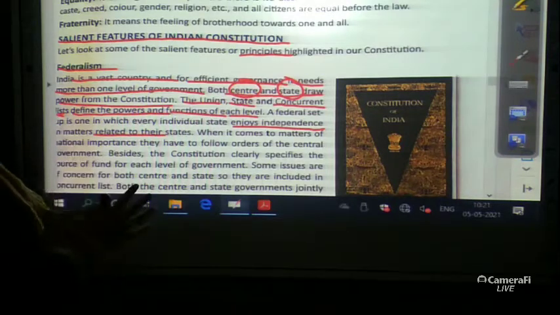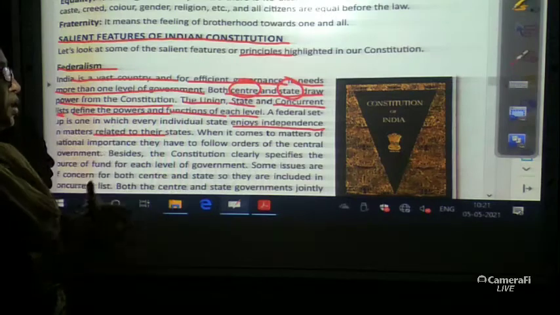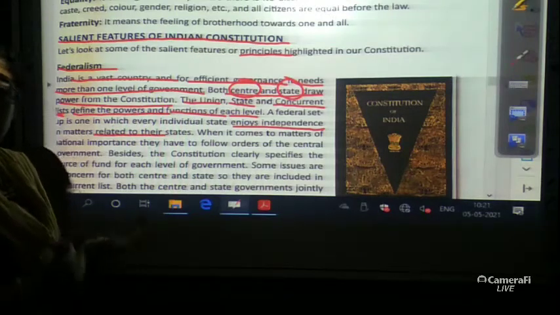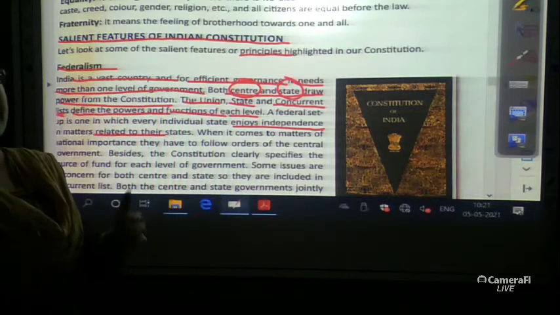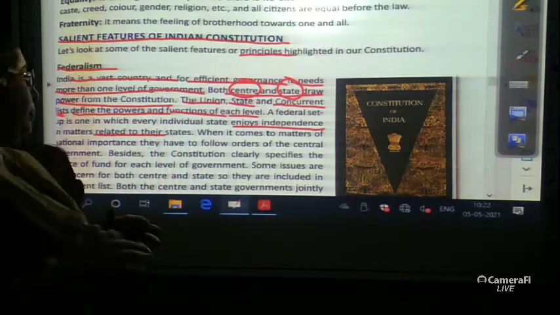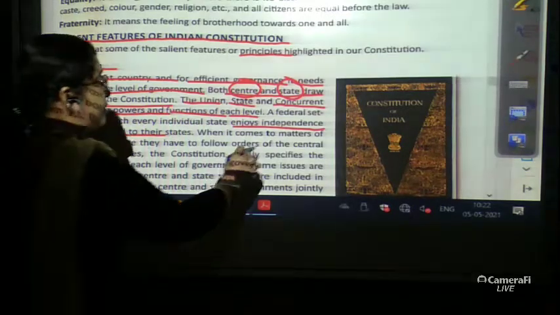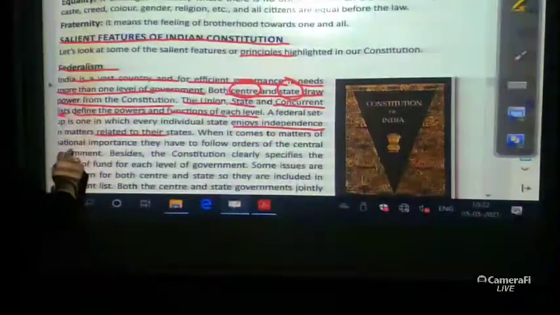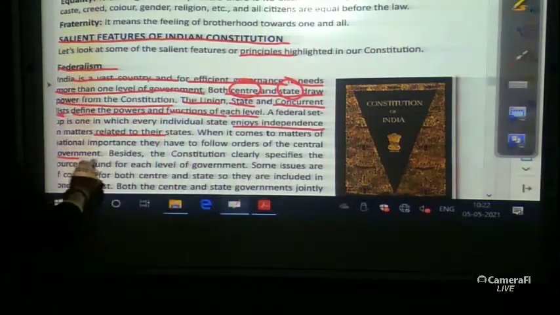So in this setup every individual state enjoys the central government's benefits also, and whatever benefits are given by the state government, so that we, the common people, enjoy both. Independence in matters related to their state. When it comes to matters of national importance, they have to follow the orders of the central government.